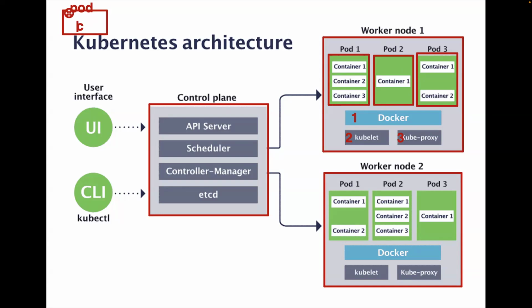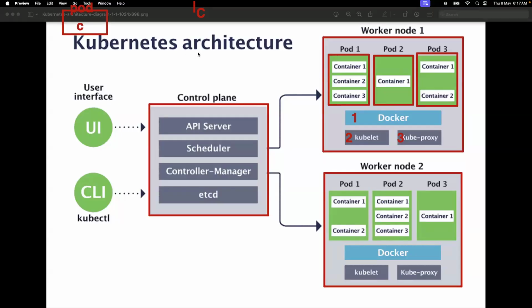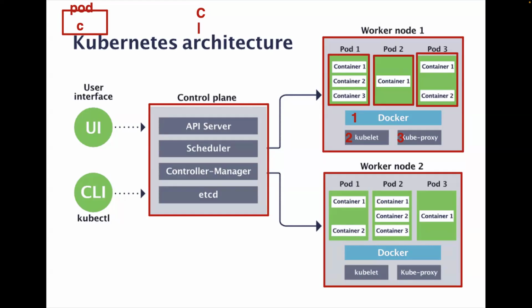In a Kubernetes cluster, you will never see a container deployed directly without a pod layer or a pod shell, whatever you call it. Always you will see containers wrapped in a layer called a pod. The pod is the basic or fundamental unit of deployment in a Kubernetes cluster. You deploy the pods, you scale the pods, you delete the pods, you modify the pods.